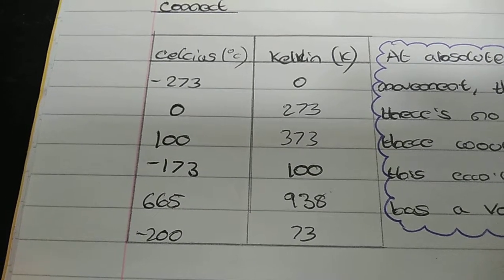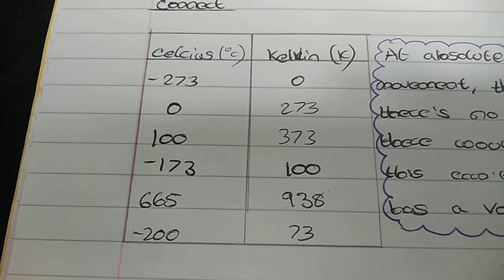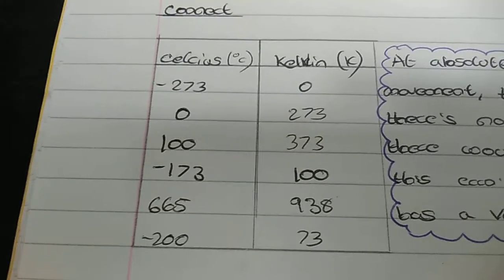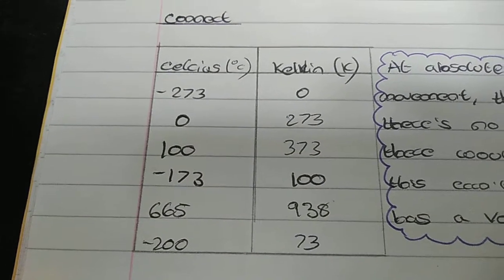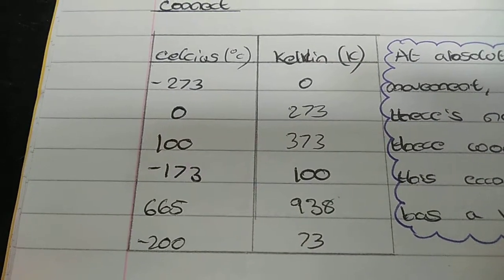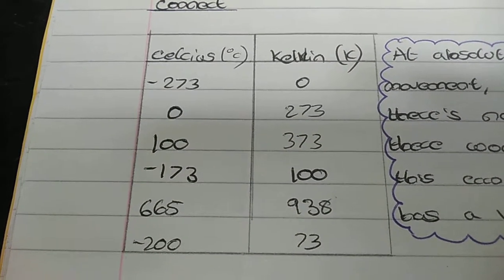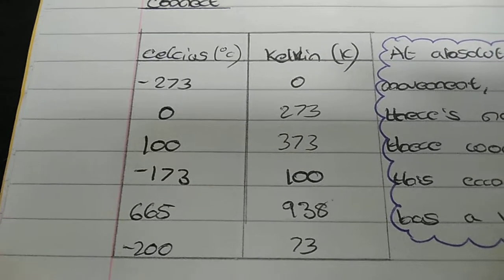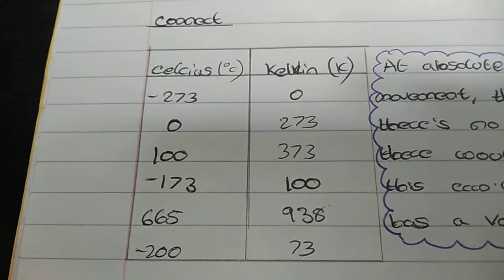Minus 173 Celsius is 100 Kelvin. 665 Celsius is 938 Kelvin. Minus 200 Celsius is 73 Kelvin. That is very simple, right?